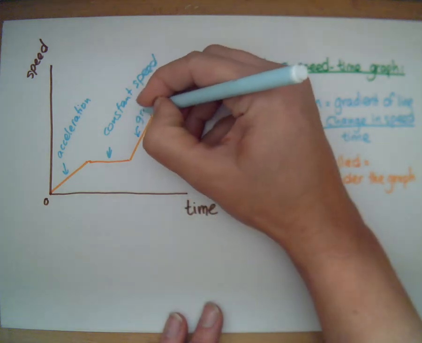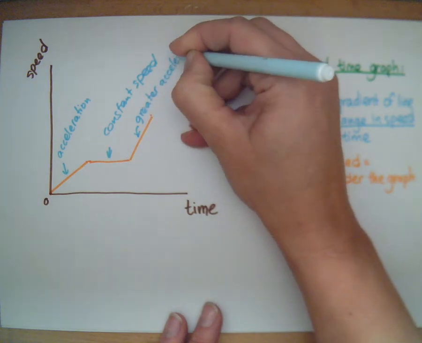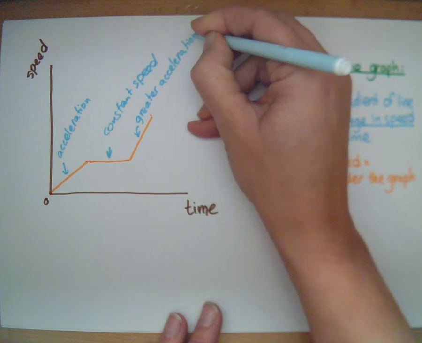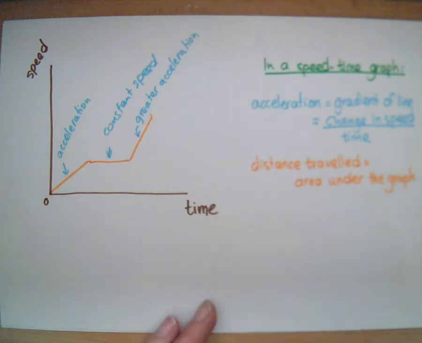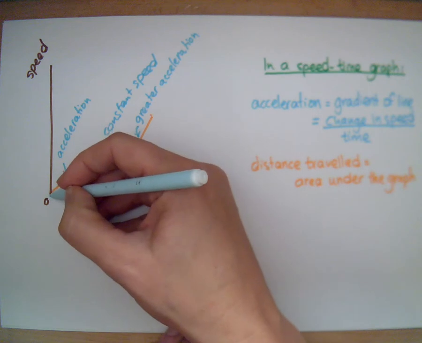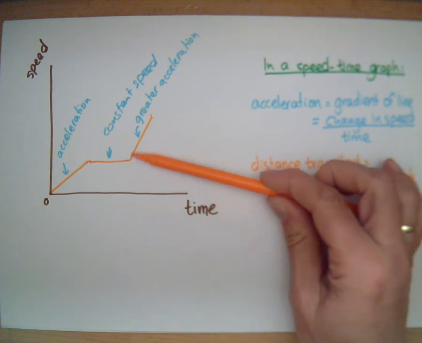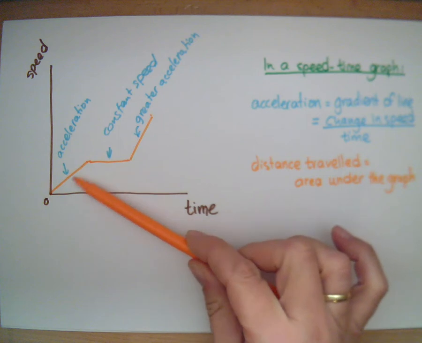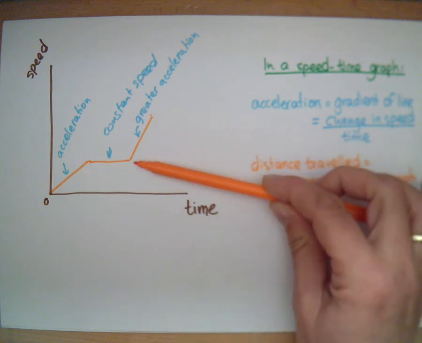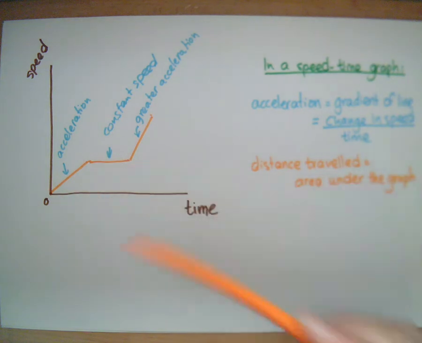So greater acceleration than here, right? We're increasing our speed faster than we were increasing our speed here. And we can tell by the steepness of the line as well. The steepness of the line shows that the acceleration here is greater than there.